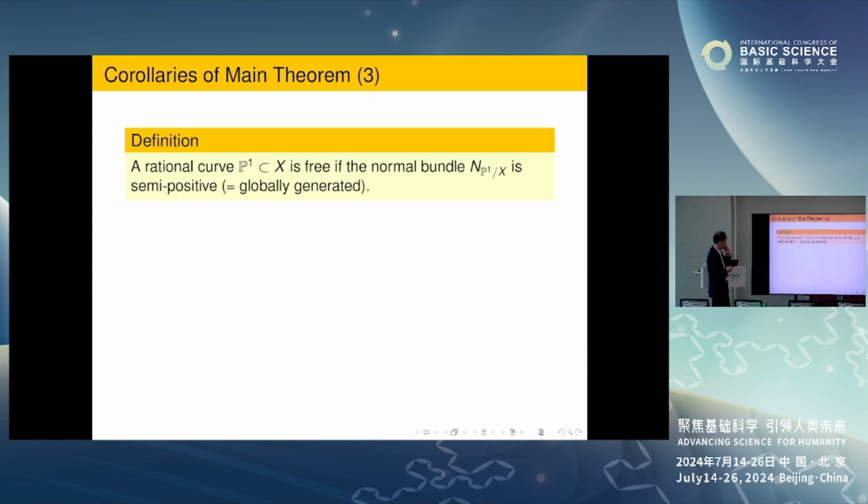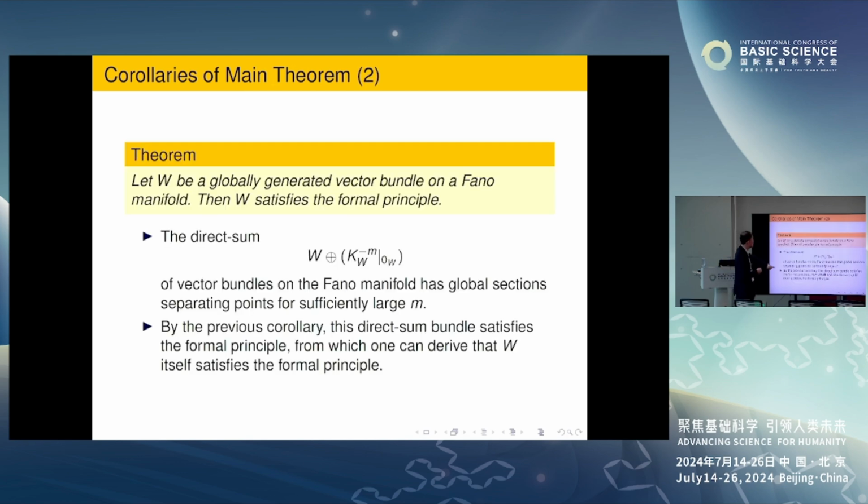Another corollary is about rational curves. This was actually my original motivation for the problem. There is some difference between canonical and anti-canonical bundles.